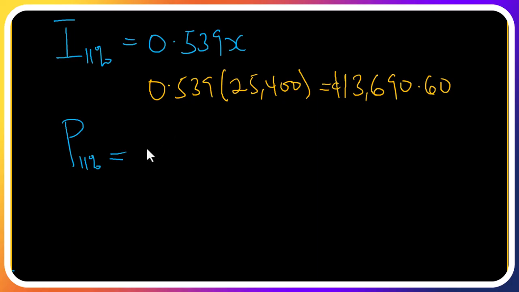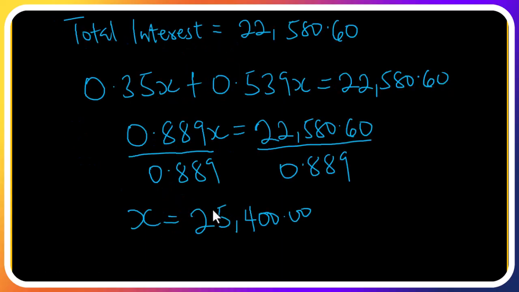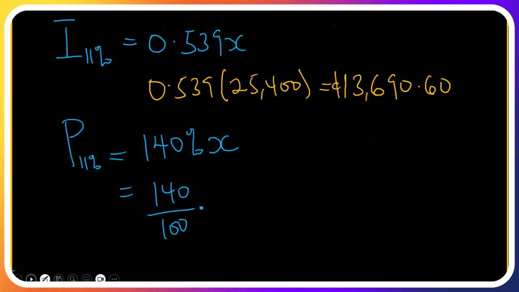So 140 on 100 by x, the amount invested at 10%, that was 25,400.